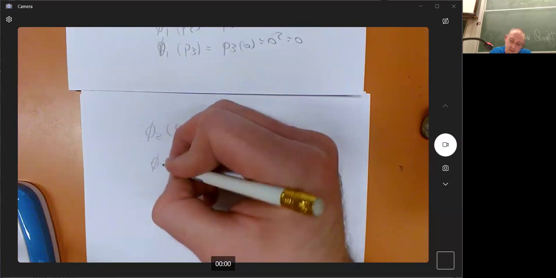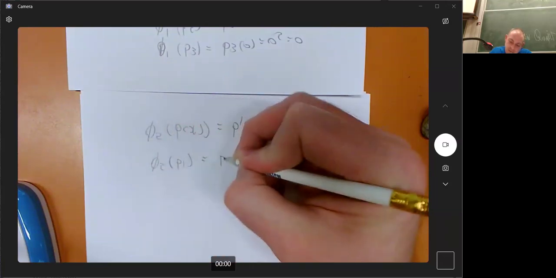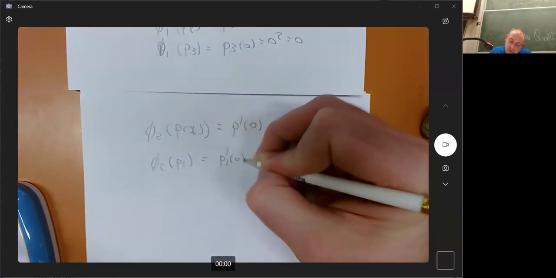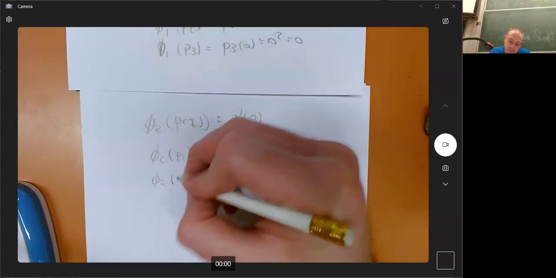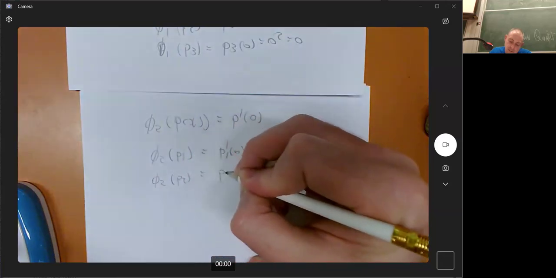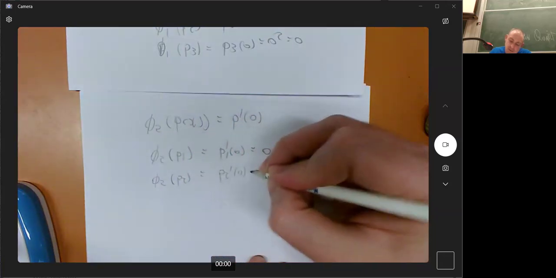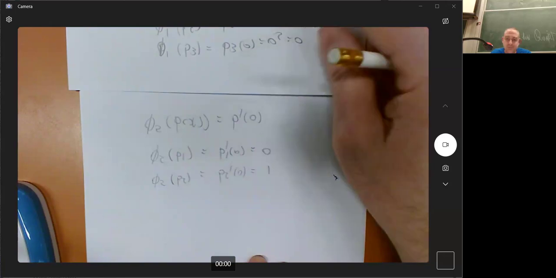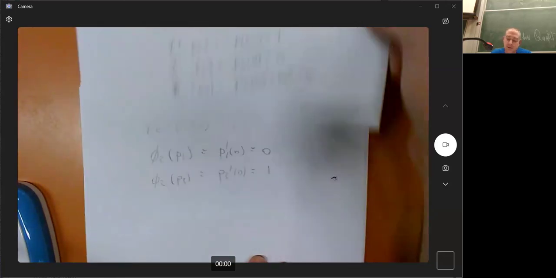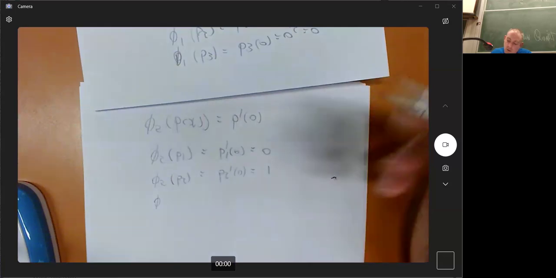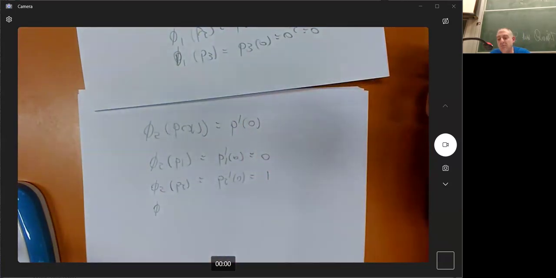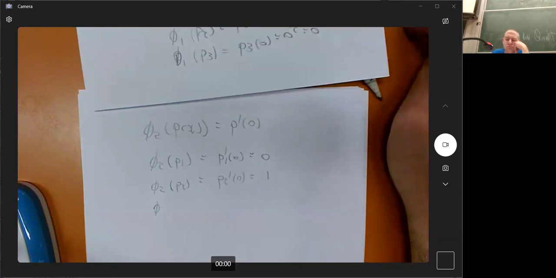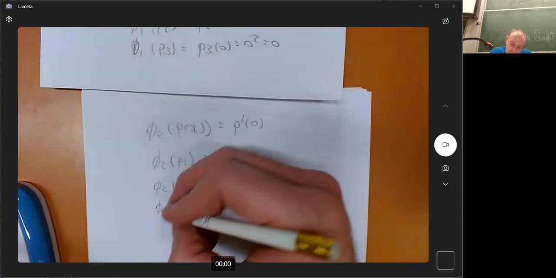See, phi 2 of p1 is p1 dashed of 0, and p1 dashed is always 0, and phi 2 of p2 is p2 dashed of 0, and p2 dashed is 1. P2 is x. It's okay.